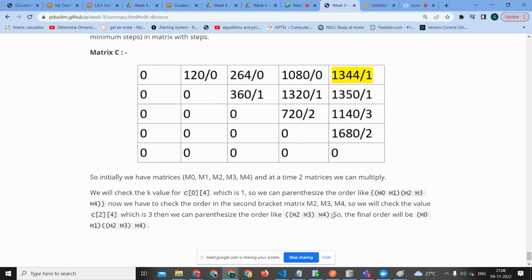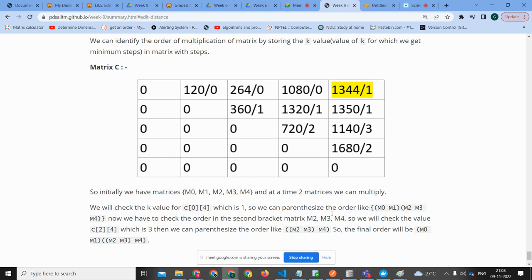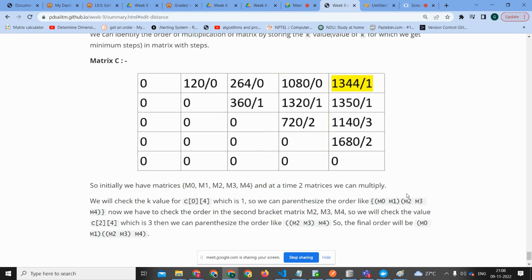No, we should fill the table, only then we will understand, right? That's right. I think it's better everybody goes through this once, then we discuss it.